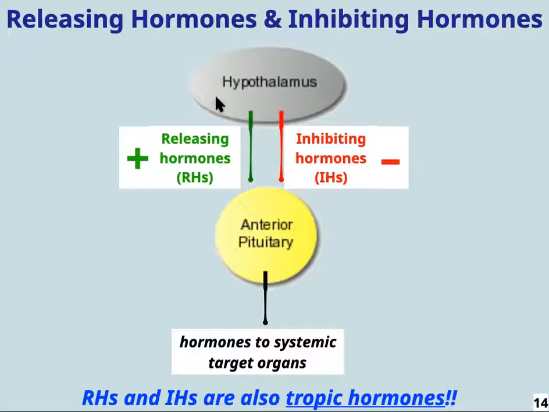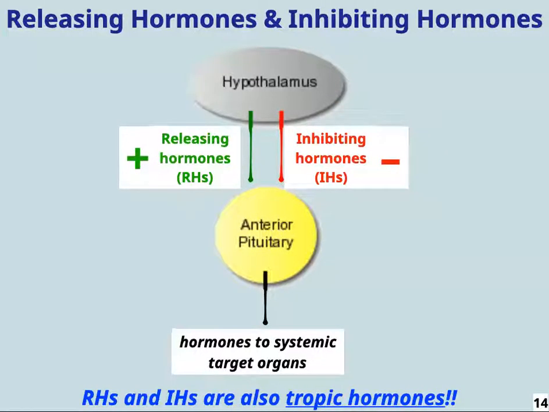The hormones secreted by hypothalamus that stimulate anterior pituitary to secrete hormones are called releasing hormones, and there are a number of them. Inhibiting hormones do the opposite. They inhibit hormone secretion by the anterior pituitary.